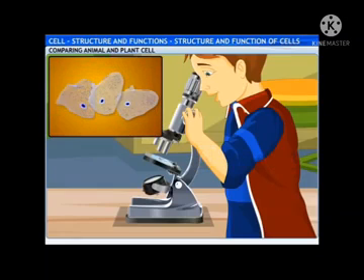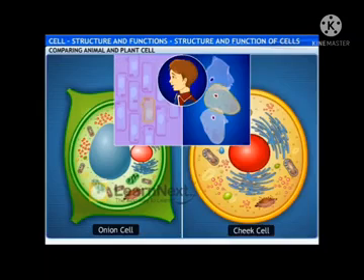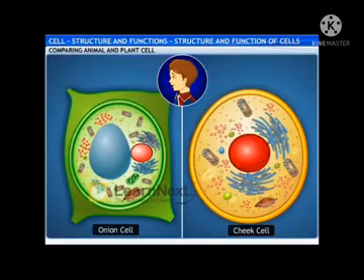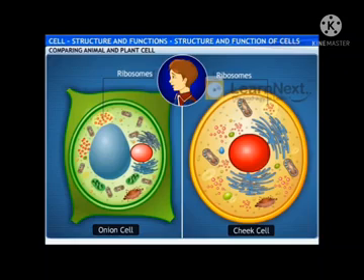This seems to be different from the plant cell. That's natural. But can you identify the common things between the onion cell and the cheek cell? Well, there are many organelles common in both. Like the onion cells, I am able to see the nucleus, mitochondria, cell membrane, Golgi bodies, and ribosome in my cheek cells as well.